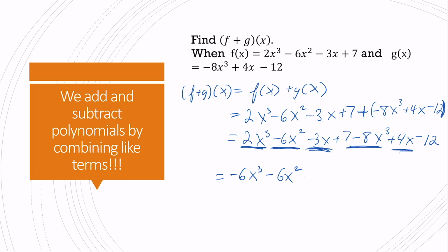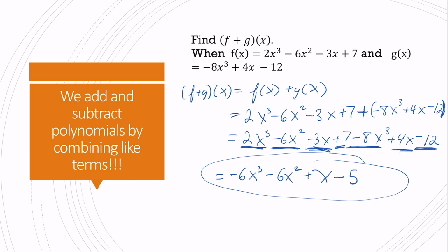Negative 3 plus 4 gives me a positive x. And then I have just 7 minus 12. That's going to give me a negative 5. So f plus g of x would be defined by this polynomial that we found. I could also take a look at f minus g of x, which is our next example.